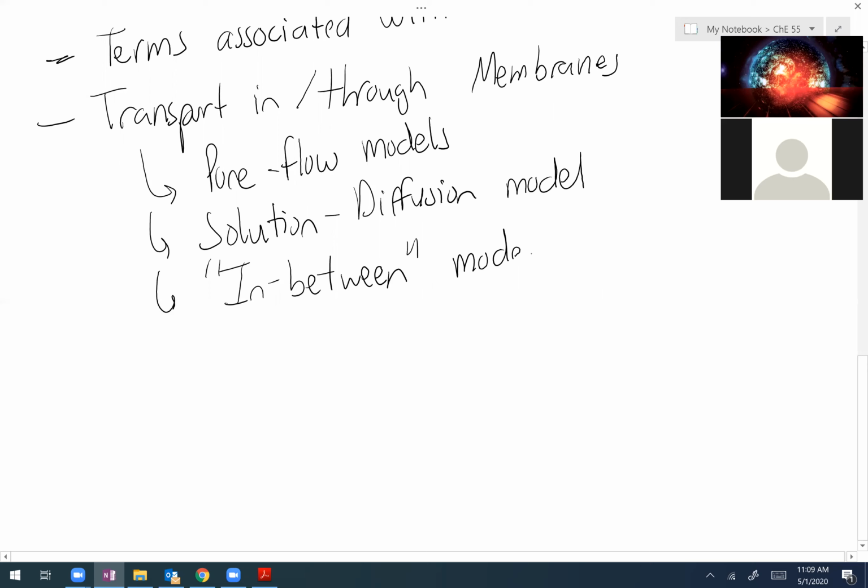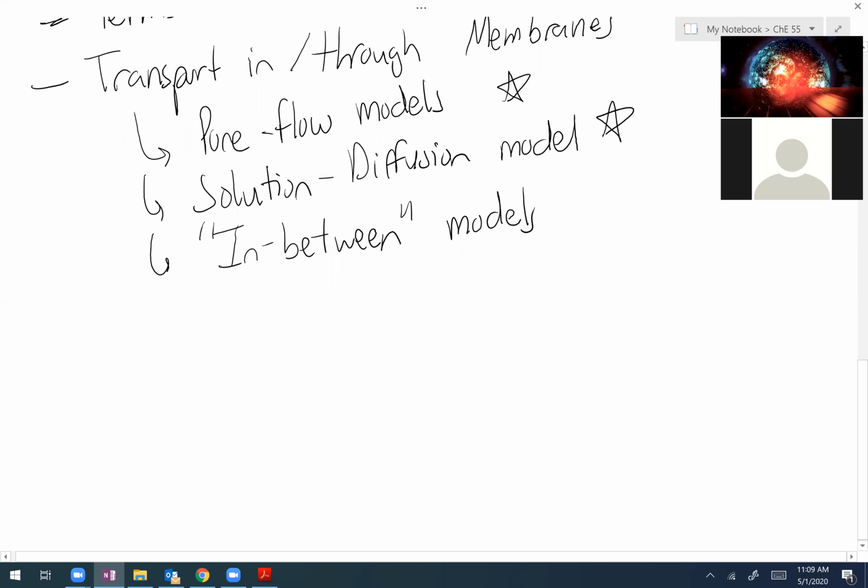But definitely be familiar with the pore flow model and the solution diffusion model. Right? If anything, you'll know what solution diffusion means from after taking this class.